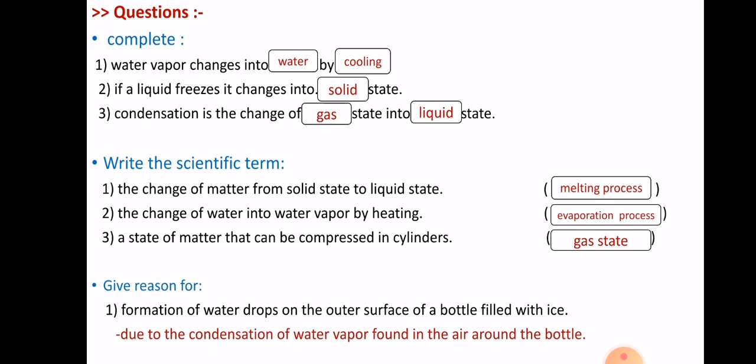So the bottle is surrounded with water vapor, and once this bottle is filled with ice, the water vapor will change from gas state into liquid state and form water drops on the surface of the bottle by cooling, because the bottle is very cool.